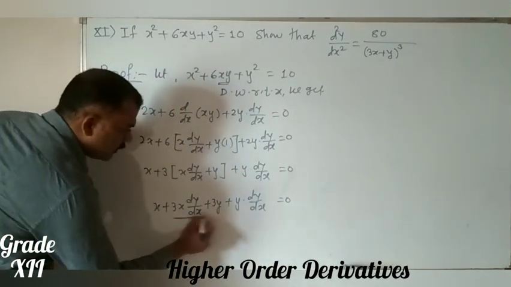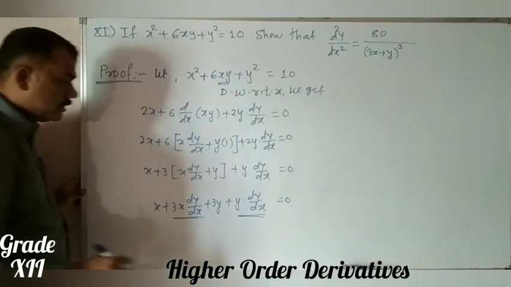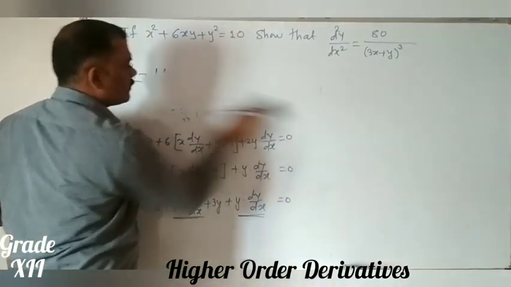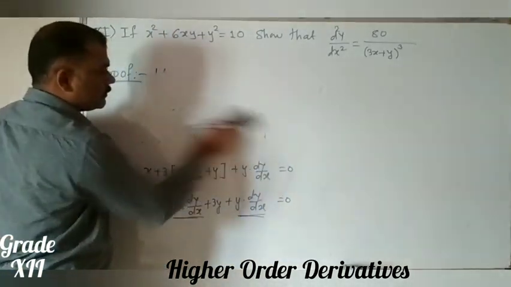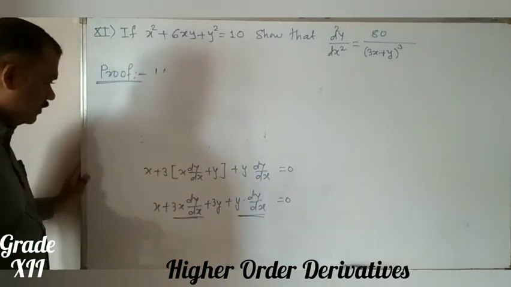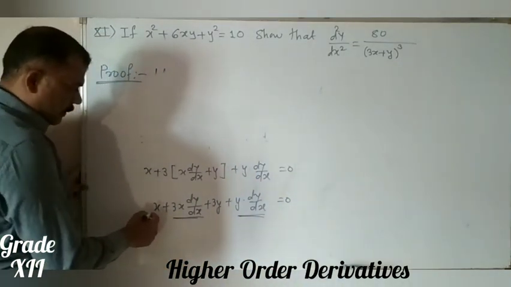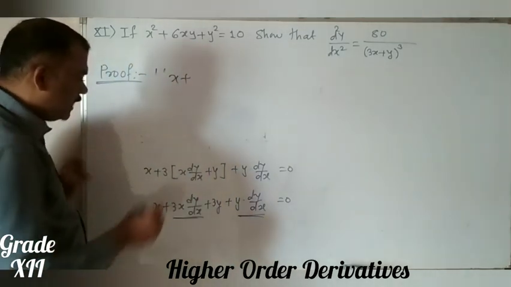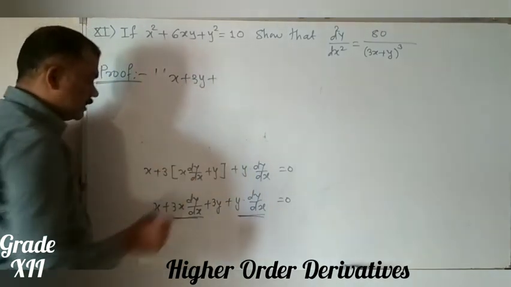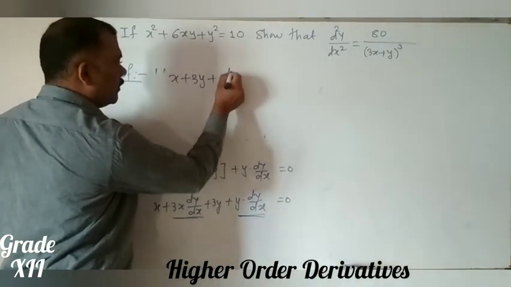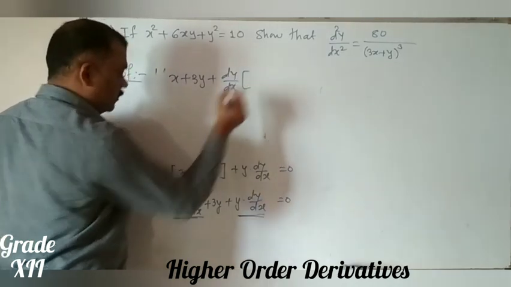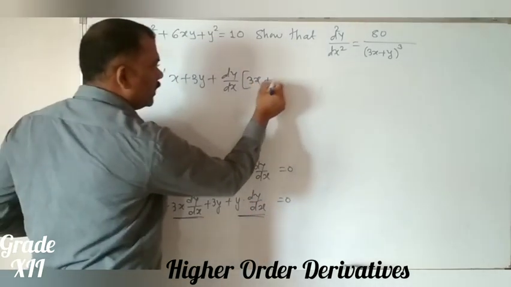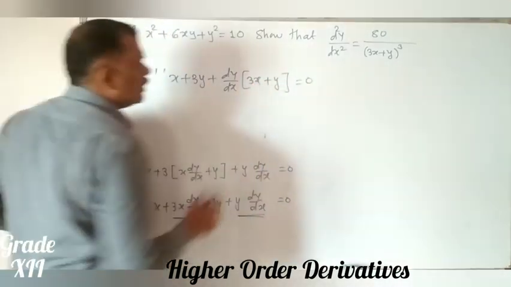You have to see that we take dy by dx as common, so x plus 3y as it is, and from this we take dy by dx common, that is dy by dx into bracket, here remaining only 3x, here remaining only y, that is 3x plus y is equal to 0.